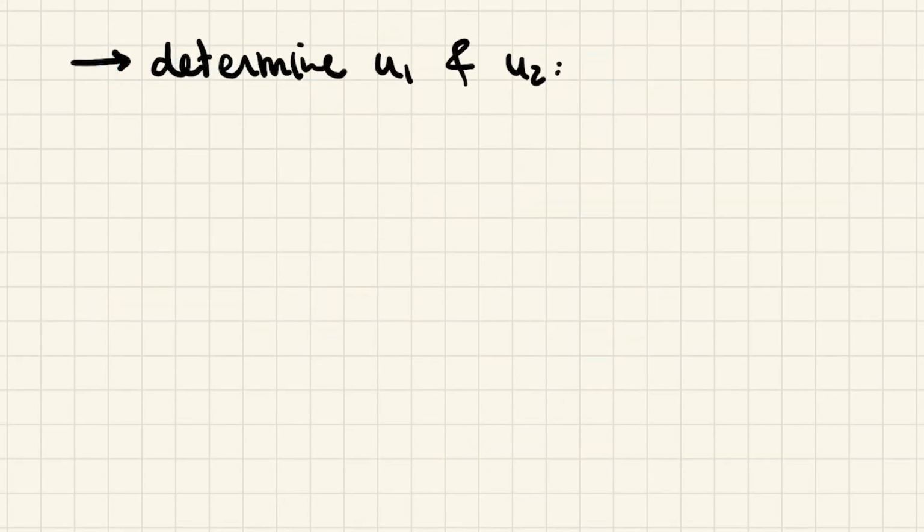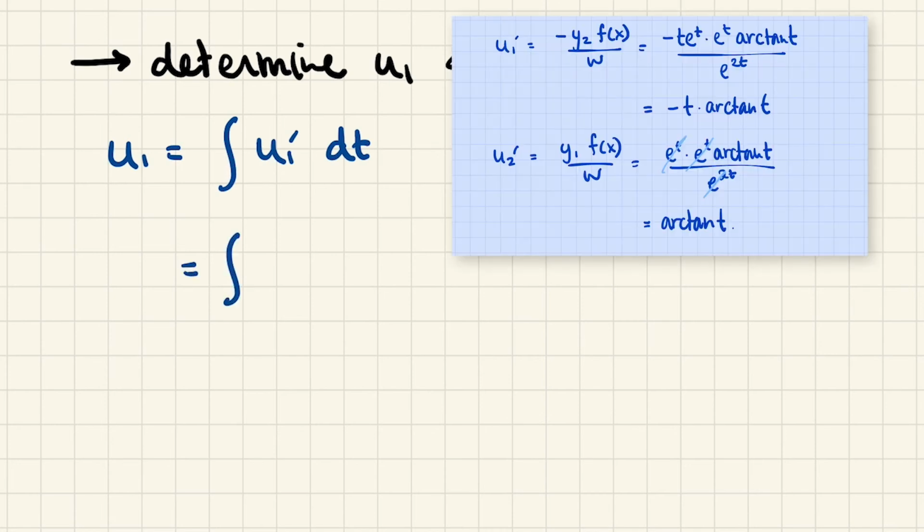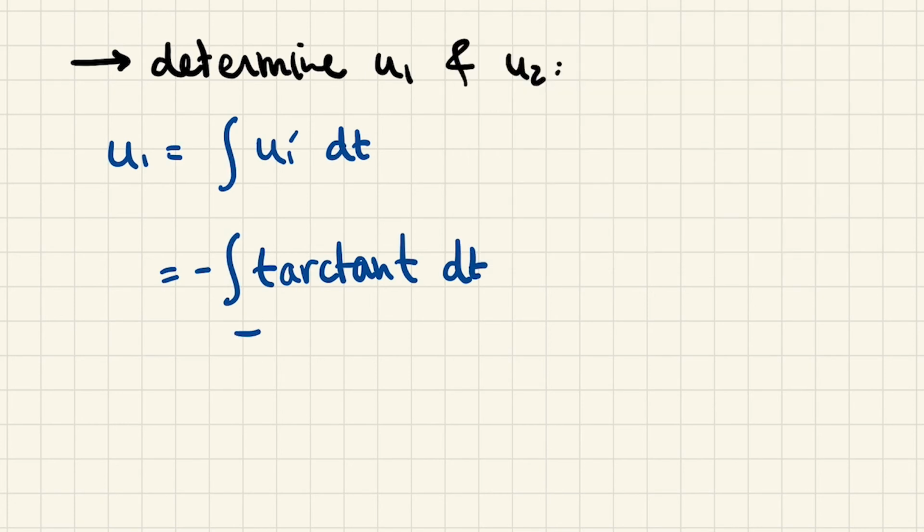So now we'll determine u1 and u2. So u1 is the antiderivative of u1 prime, and u1 prime was negative t times arctangent of t. So, okay, this is going to require integration by parts.